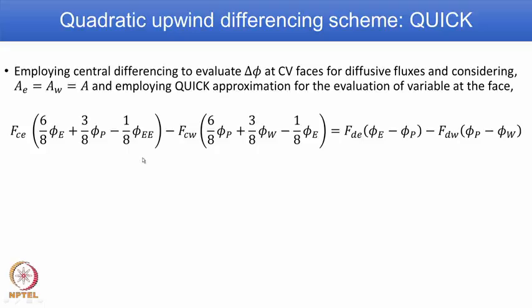All that we have done in this case is substitute the corresponding QUICK formulation for convection, which is on the left side, and the right side is diffusion, which we already know about.